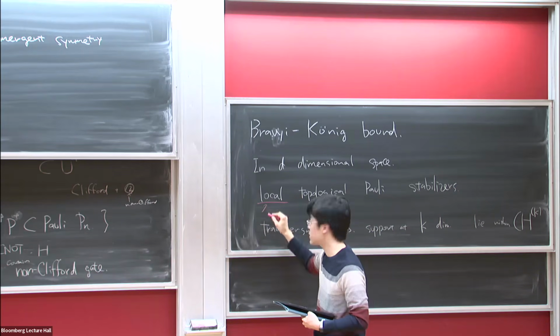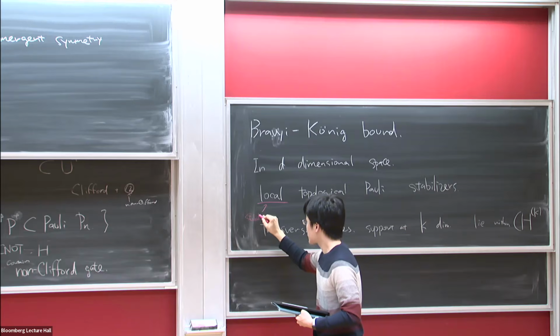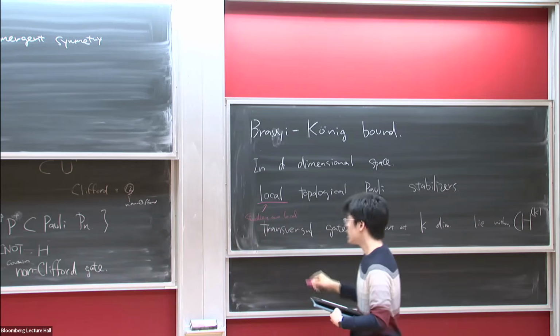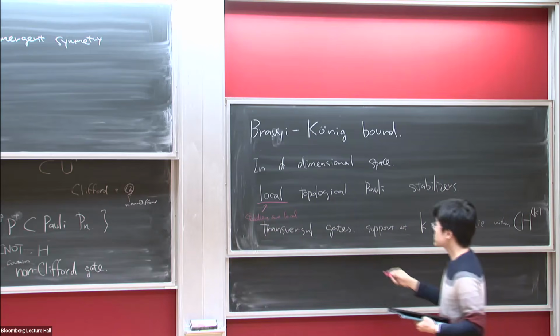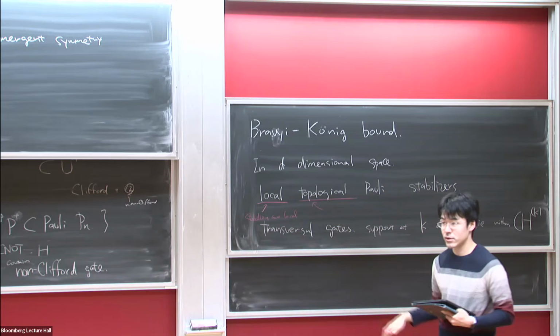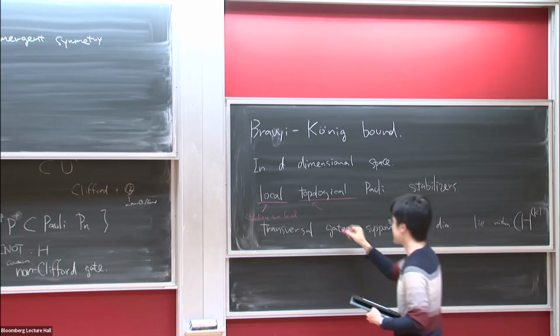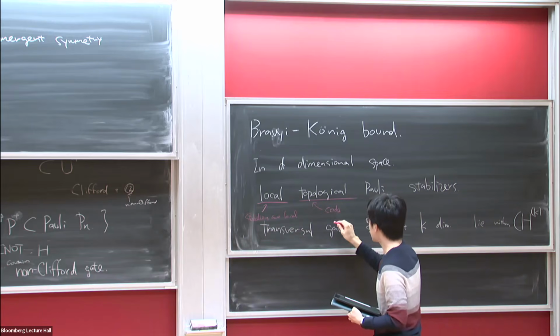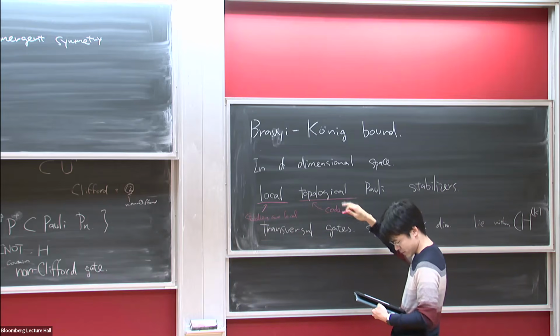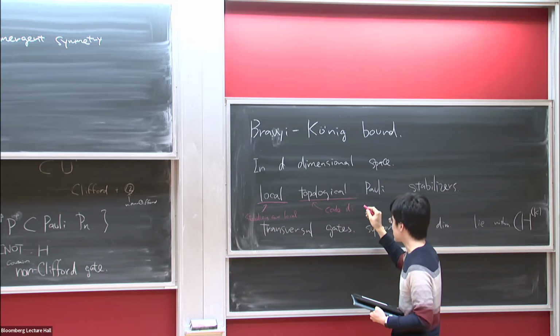It just says that each stabilizer is local. And so topological basically means some statement about the co-distance. Well, I need to define co-distance, but let me first frame the definition of topological.